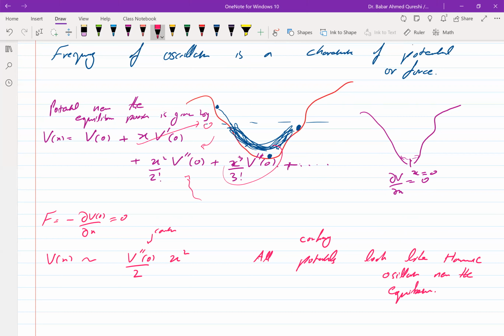So to first order, you can describe all oscillations through simple harmonic oscillators. That's why they can approximate a lot of systems, and they appear at a lot many places in physics.